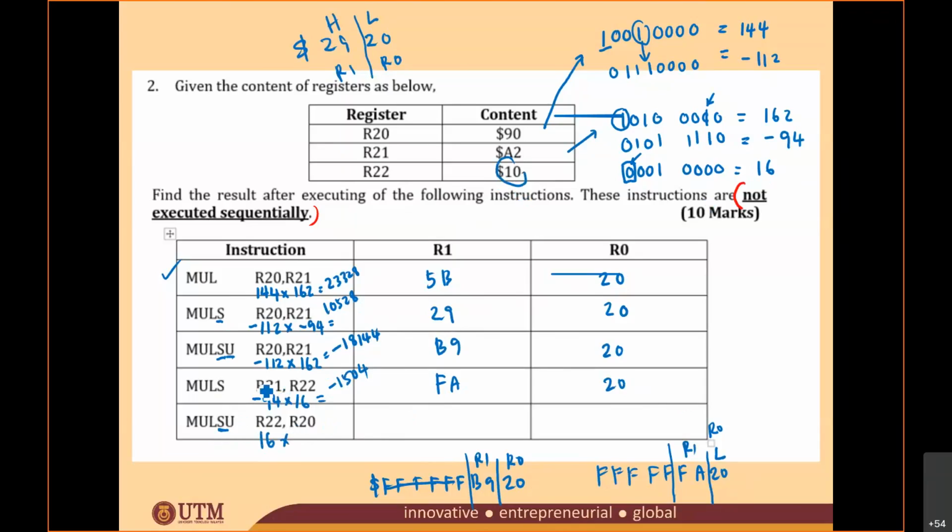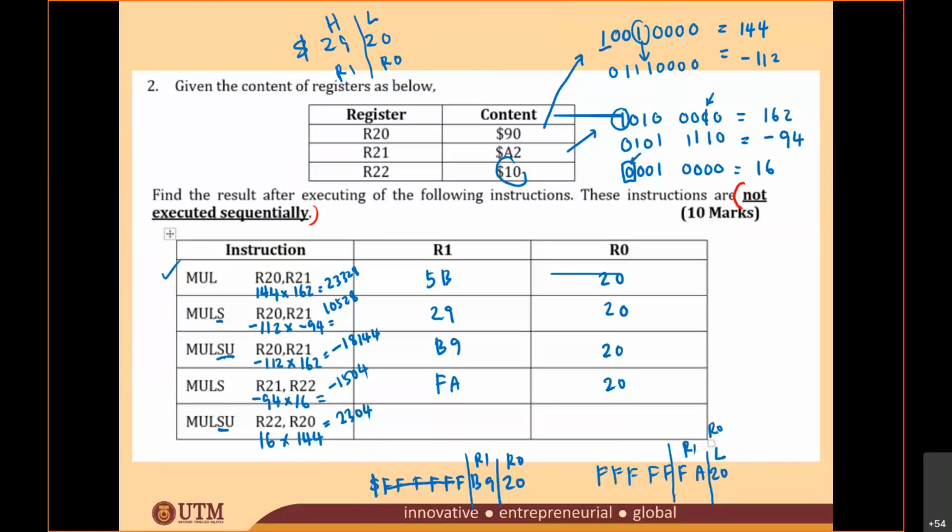R20 is your unsigned number, so you take the positive value, which is 144. 16 times 144, you get 2304. Convert to hexadecimal. Is 2304 hexadecimal? Oh no. So you will get 0900.